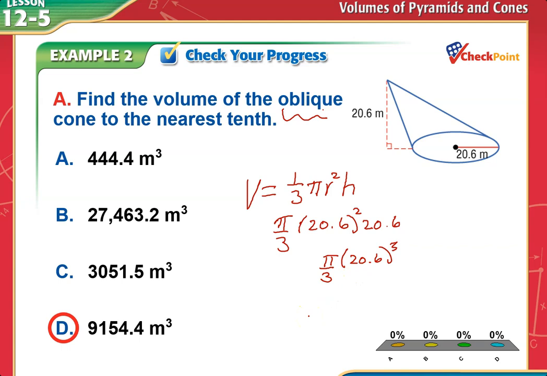So let's take 20.6 in our calculators and raise that to the 3rd power, and then multiply by pi, and then divide by 3, and I get 9,154.408. So rounded to the nearest tenth would be 0.4. Right.